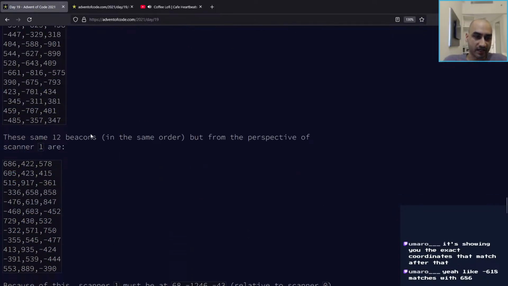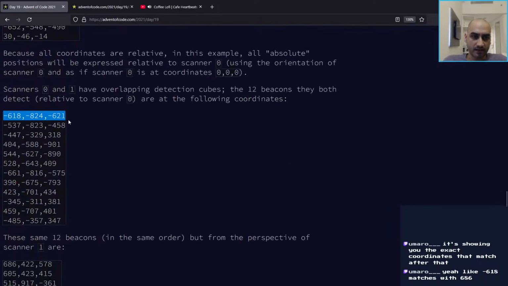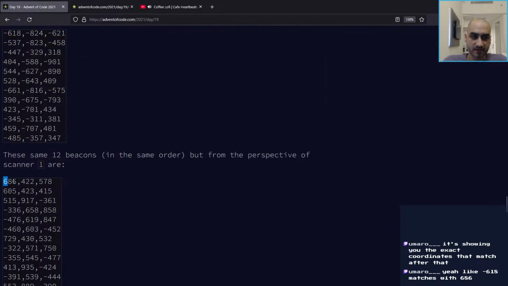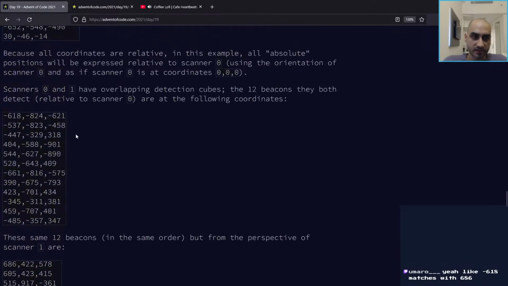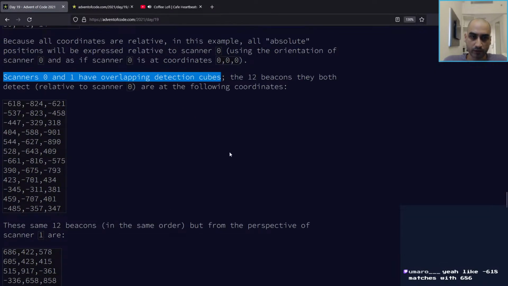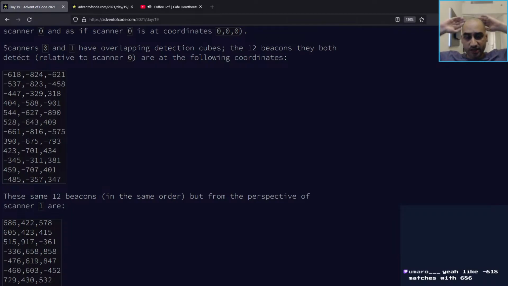Or we... Well, okay, no, that wouldn't work, because then the others wouldn't match up. But we could say that it doesn't match with 686. Like, we could say that they literally don't match up at all. I don't get where they got this sentence from. Like, what's stopping scanner 0 and scanner 1 from being, like, I don't know, 5,000 units apart, and none of these actually match?